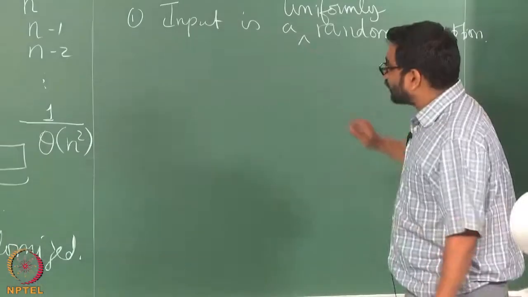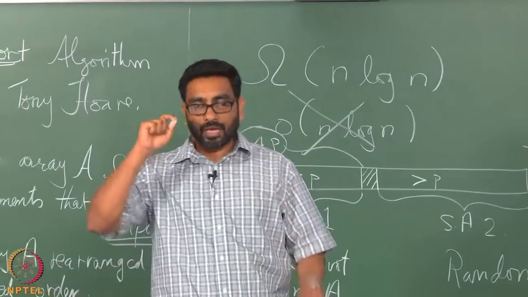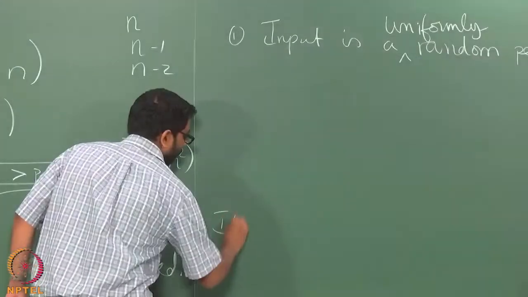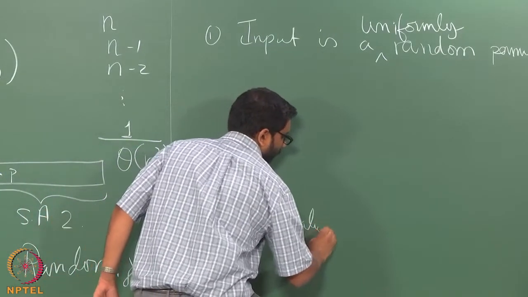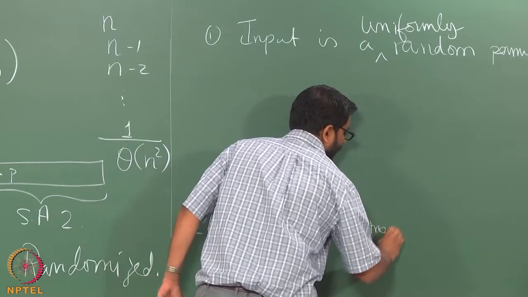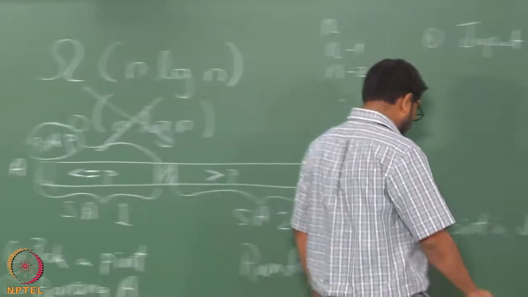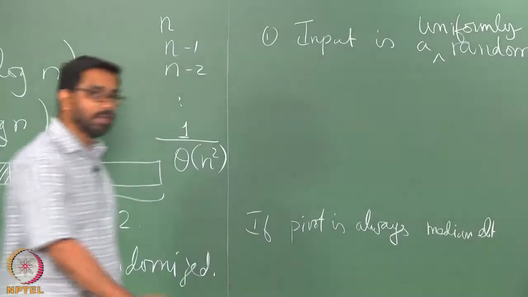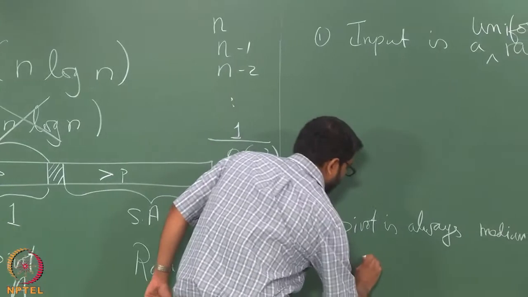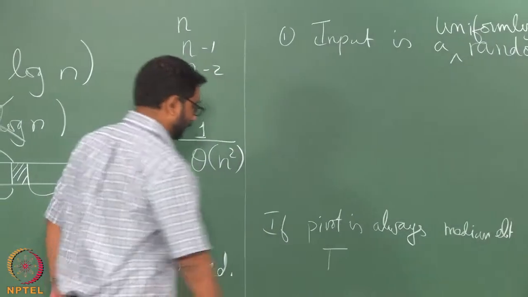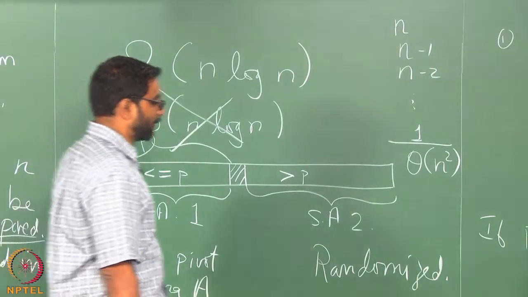So let's, to get our feet wet, assume magically that the pivot is exactly the median, okay, each time. If somehow magically the pivot always ends up being the median element in the subarray that is being worked on, then the running time is given by the following recurrence. Let's say T of n is the running time when the problem size is n.